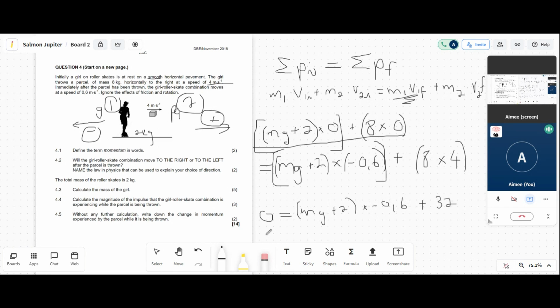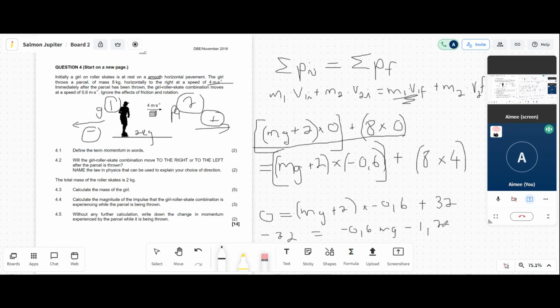So we can take the 32 over, it becomes negative 32 is equal to negative 0.6 mg minus, because we're going to go negative 0.6 times 2, which gives us negative 1.2.